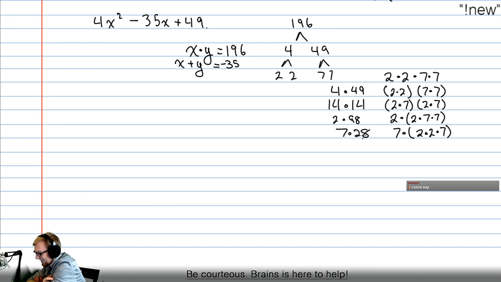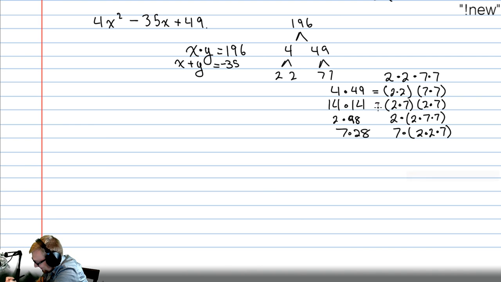Okay, well, 7 plus 28 is 35. There you go. So you got your 4x squared plus 7x. Well, remember it's a minus 35. Right, so then it'd be negative 28x.